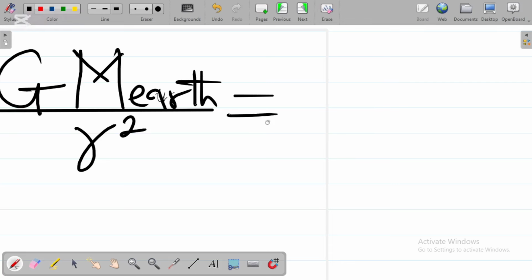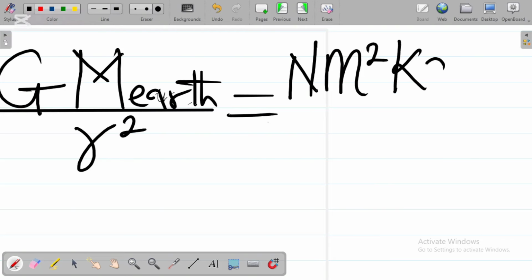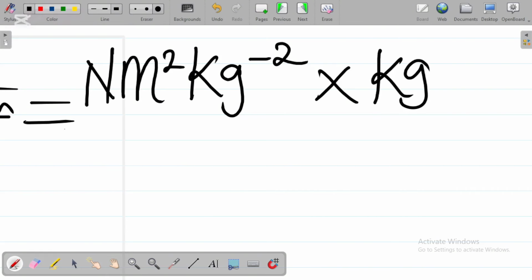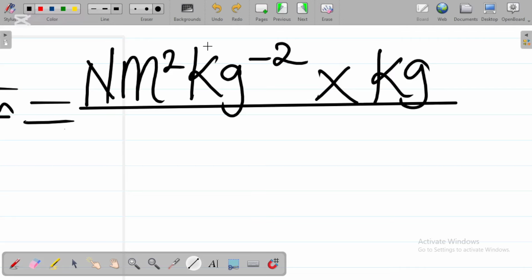So if you write the unit for each of the parameters given, you will have Newton meter square, and then kg raised to power negative 2 multiplied by the mass of the earth is measured in kg, and then all over the radius of the earth is measured in what? It is measured in meter. And remember that radius is raised to power 2, so we have m raised to power 2.